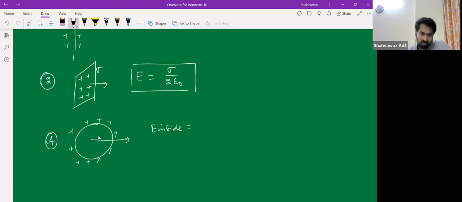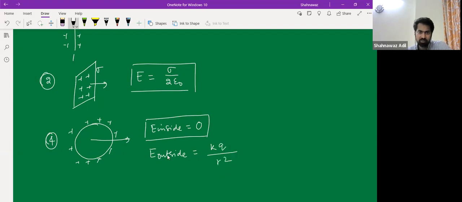You don't remember. So what is the charge inside this sphere? Do you have any charge inside the sphere? No. So if there is no charge, the electric field will be 0, right? And E outside would be simply KQ by R square.